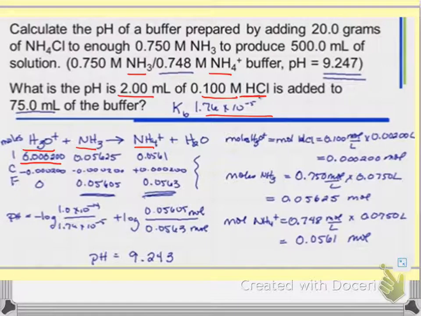I can take my ammonia molarity, which is 0.750, times 0.075 liters, and I get 0.05625 moles. I can take my ammonium molarity, which is right here, times 0.075 liters, and I get this many moles of ammonium.